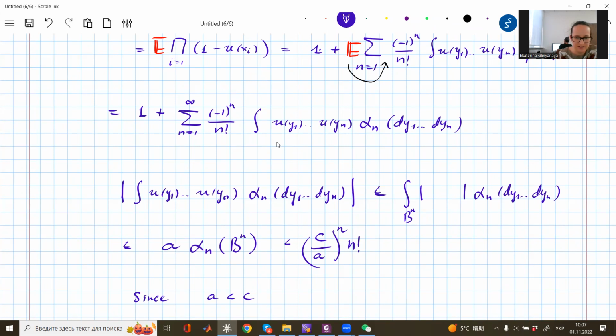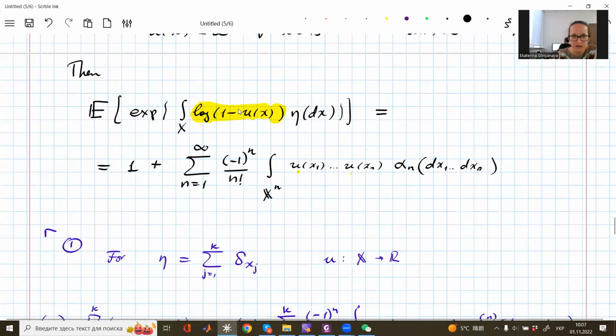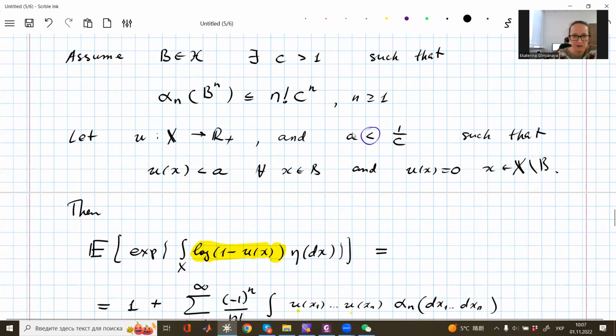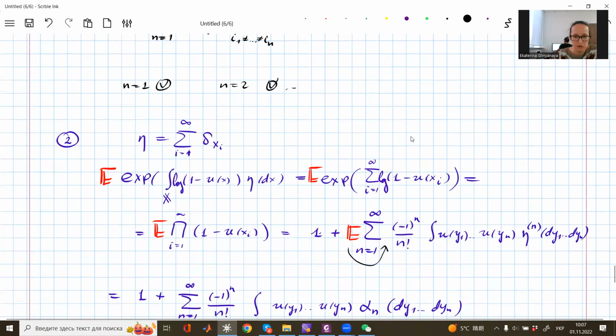Don't hurry here. My function u is less than a, and a is less than 1 over c. This is what I want to write.